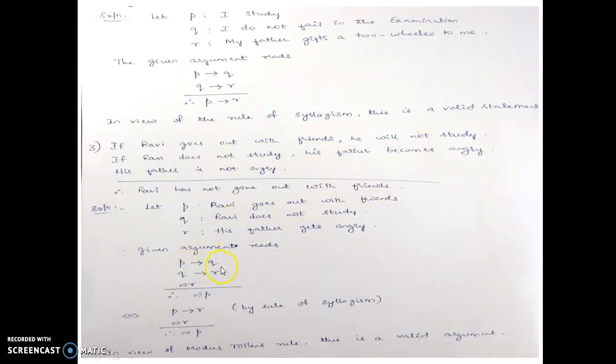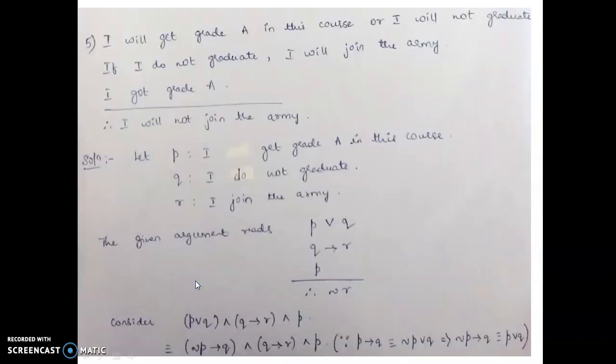So P conditional Q. Next, Q conditional R: Ravi does not study, his father becomes angry. So it is Q conditional R. In the given statement his father is not angry, so here it will be negation of R.